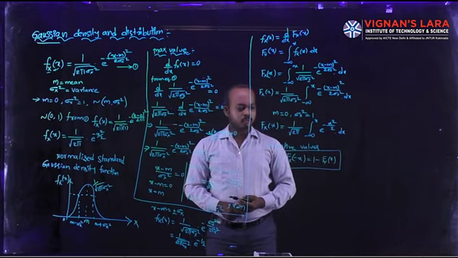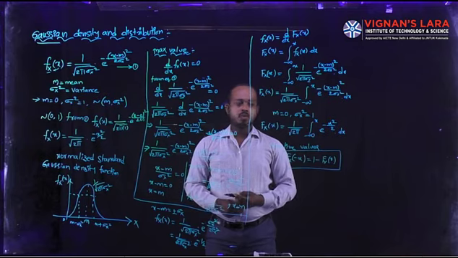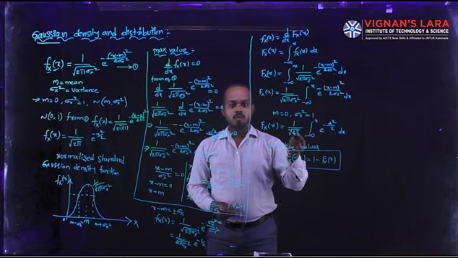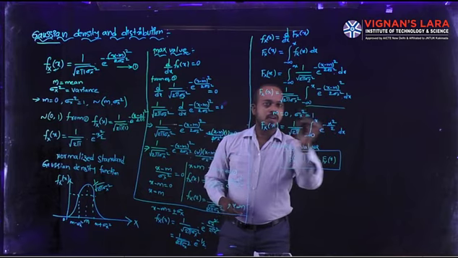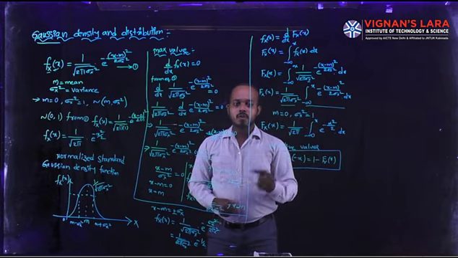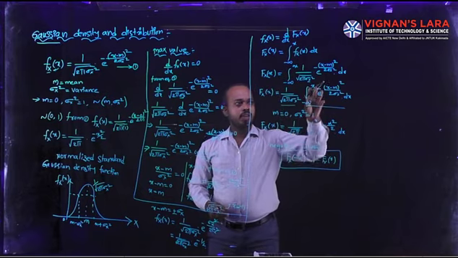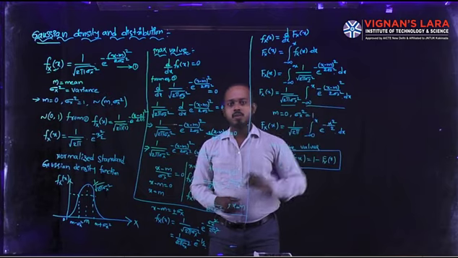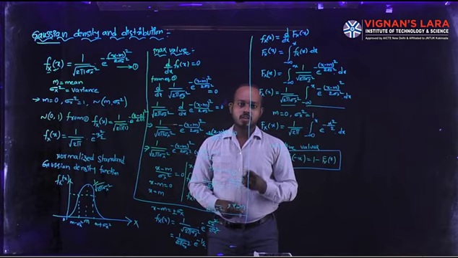In the Gaussian distribution function, we have an integral term and a constant term. We can simplify this integral term. We have two methods for a Gaussian distribution.